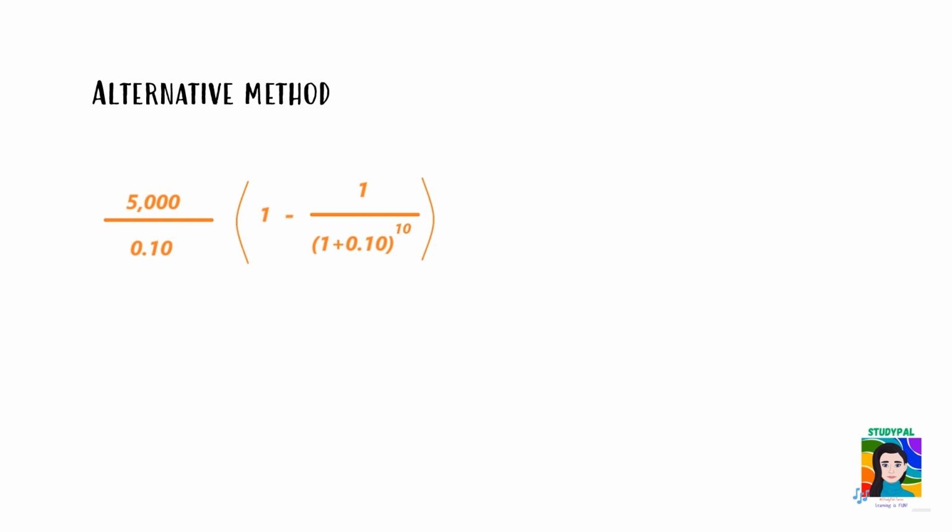And the difference between ordinary annuities and annuities due is that in case of annuities due, the first cash flow is occurring immediately. So you multiply this by 1 plus the discount rate of 10%. And that will give you the same answer.